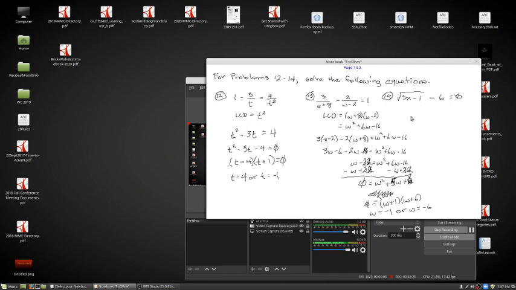We want to start with a radical on one side and everything else on the other. So we'll move that negative 6 to the other side. We get the square root of 3x minus 1 is equal to 6. Square both sides, and we get 3x minus 1 is equal to 36.